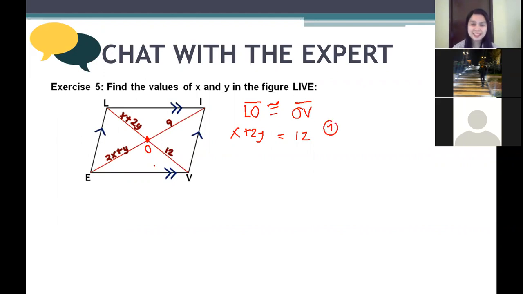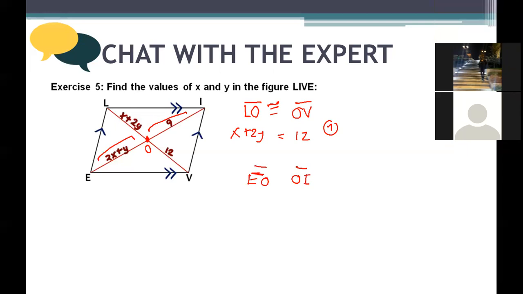Now, how about EO and OI? What's the relationship between EO and OI? Can I ask Faith? Are they congruent or supplementary?